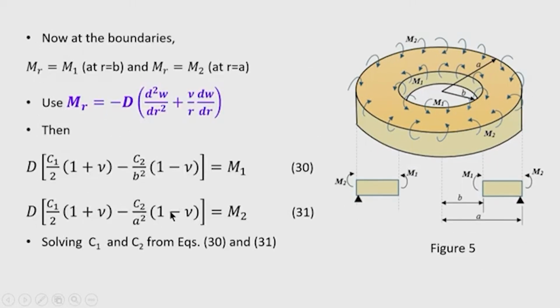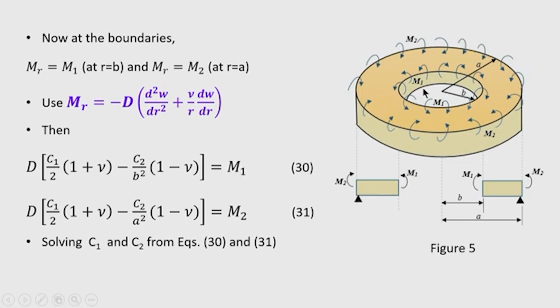Now, here you can see after differentiation and applying the condition at r is equal to b and r is equal to a, that is the inner edge and outer edge, we get two equations. The first equation, after application of the condition of radial moment at the inner edge at r is equal to b, we get D bracket C 1 by 2 (1 plus mu) minus C 2 by b square (1 minus nu) bracket closed equal to m 1.